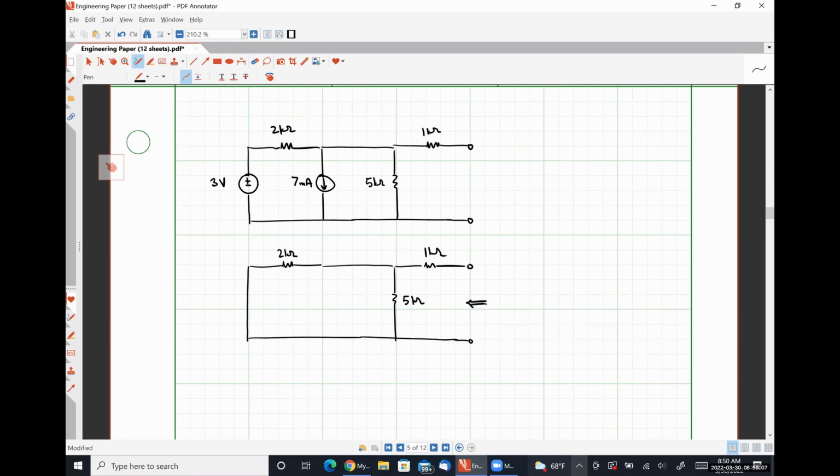I look in here. There is RTH, and this should be pretty easy to do by inspection, right? So I see that the 2 kilo ohm resistor and the 5 kilo ohm resistor are in parallel, which is going to look like 10/7 of a kilo ohm.